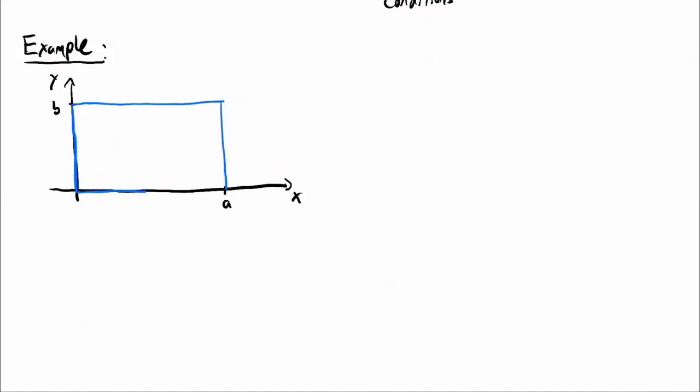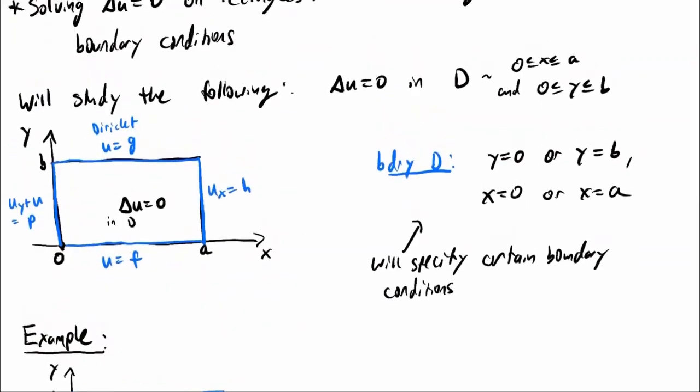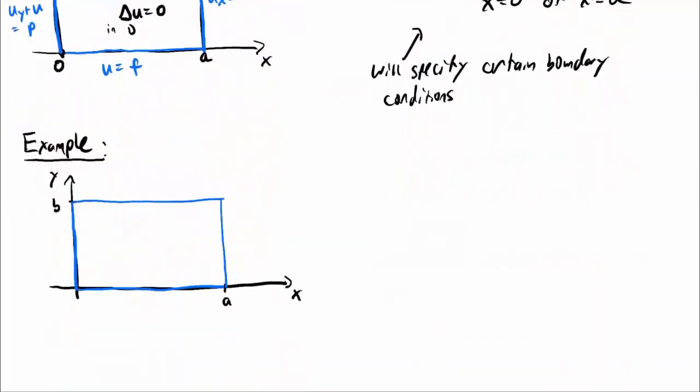Right, so the domain D is the interior of the rectangle, and the boundary is the collection of blue lines. Maybe up here, to be more precise, I should have put strictly less than in the inequalities, right? And then once you add in the equals, they correspond to the boundary points, right? So maybe this is a little bit more precise.